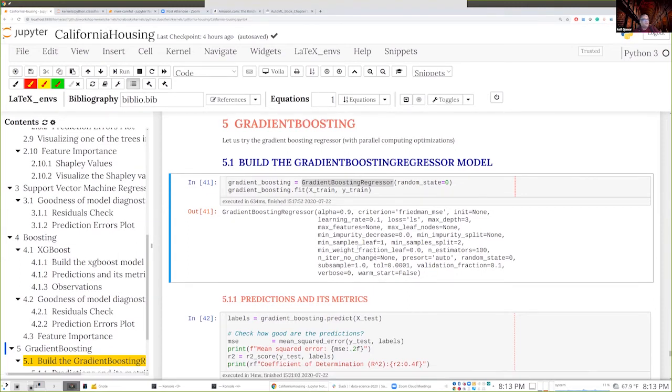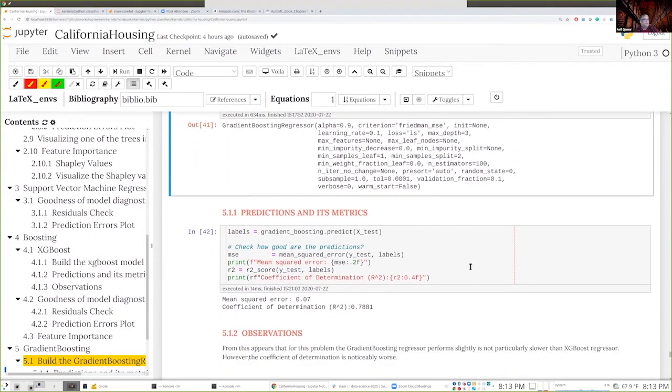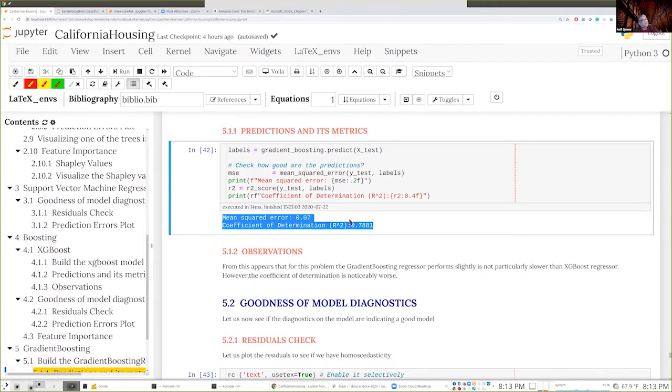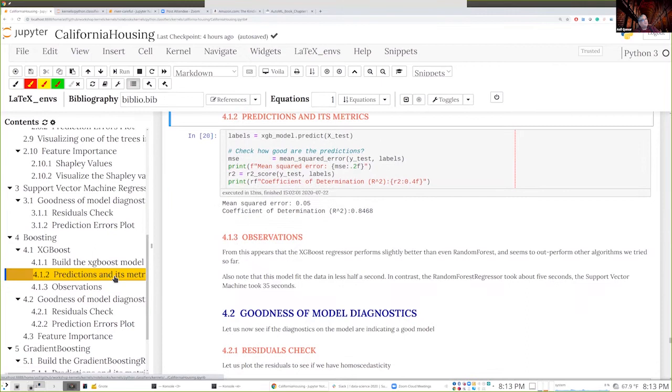Again, you have a lot of hyperparameters in the model that you have to play with. The prediction, what do you notice? Remember, that was 0.84 with XGBoost, 84.68%. And here, what do you get?